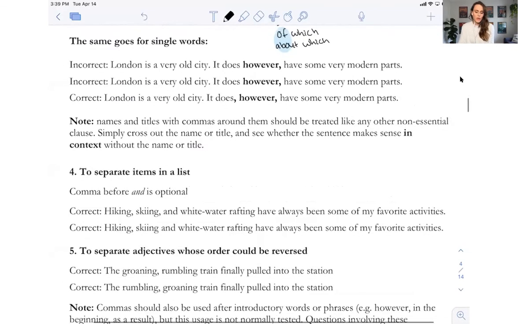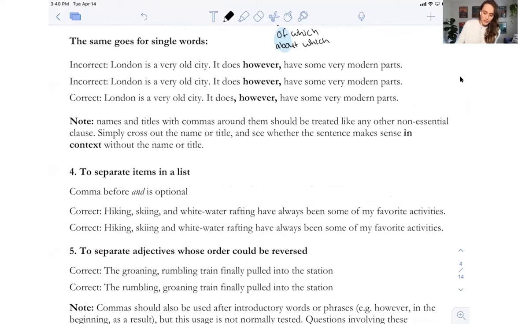So year 2, if we have transition words smack dab in the middle of a sentence, and we're not starting a new sentence with that transition word. Remember, if we're starting a new sentence, a new idea, a new thought with that transition word, we need either a period before it or a semicolon. But here we're not starting a whole new sentence.